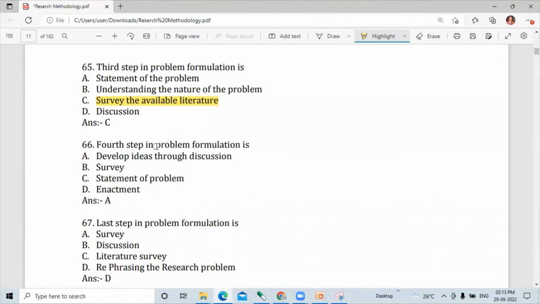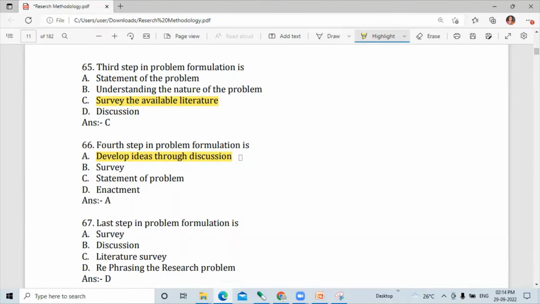Next, the fourth step in problem formulation. After surveying the available literature, what is the fourth step? Develop ideas through discussion. By doing survey, we will come to somewhat conclusion, somewhat ideas we will get.